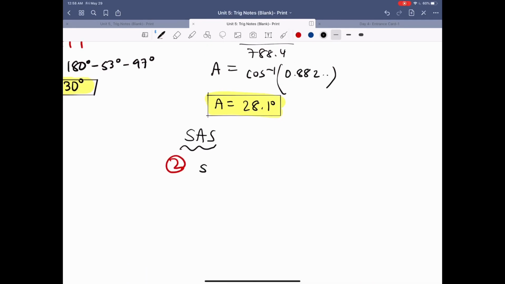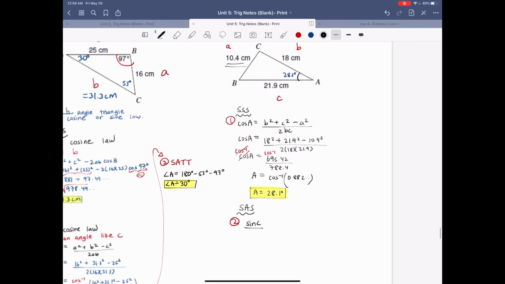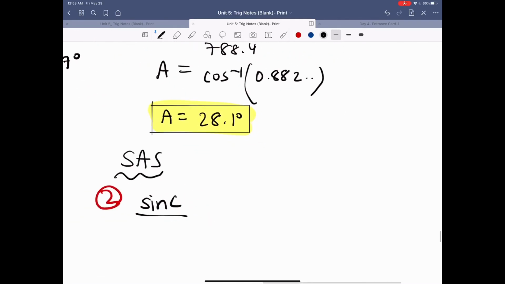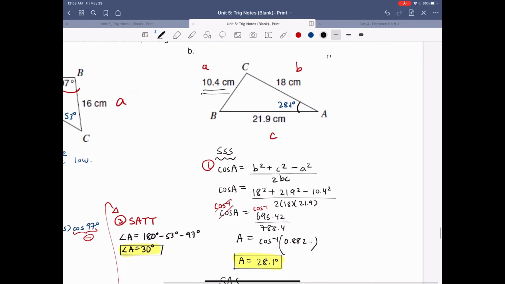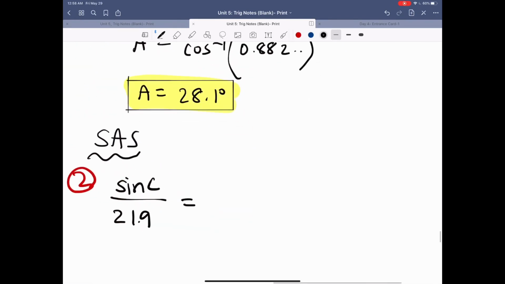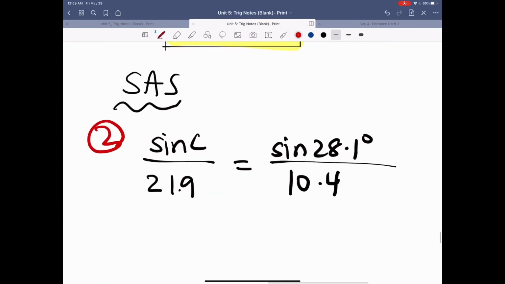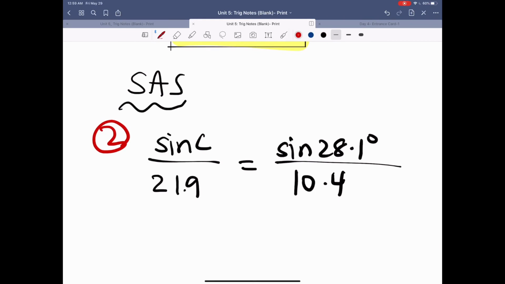And so I have sine C divided by, sine C is the thing that I need to solve for, the corresponding side I see is 21.9. We were talking about 28.1 and 10.4, so I have sine 28.1 degrees, because that's the angle, divided by 10.4. If I want to solve for sine C, I need to cross multiply.